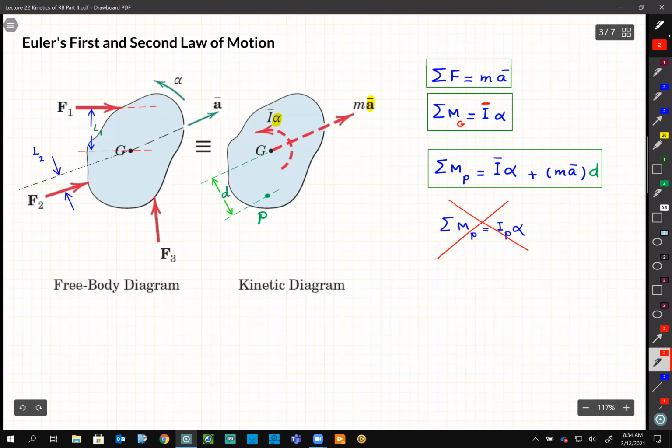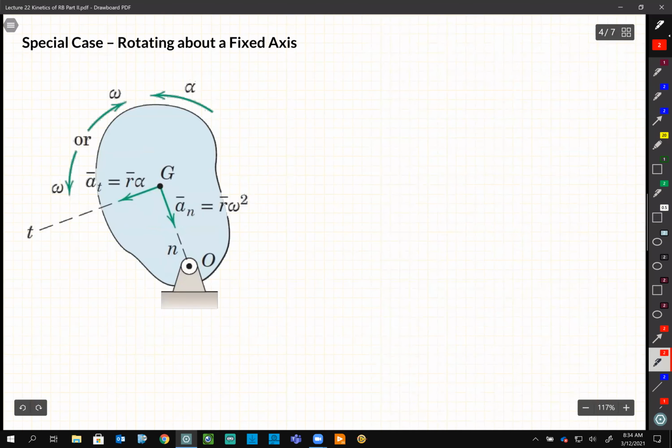Let's then apply this equation to a very specific case, a case where a rigid body rotates about a fixed point. The previous one was a general case, a rigid body rotating and moving. This one is fixed on a point, a special case.